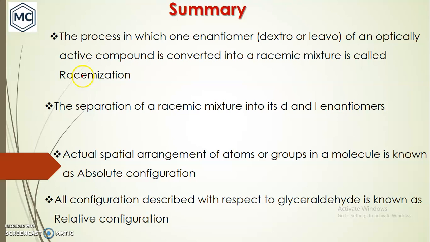Okay, in summary, the process in which one enantiomer, dextro or levo, of an optically active compound is converted into a racemic mixture is called racemisation. And the separation of a racemic mixture into D and L enantiomers is called resolution. And the actual spatial arrangement of atoms or groups in a molecule is known as absolute configuration. And the configuration described with respect to glyceraldehyde is known as relative configuration.